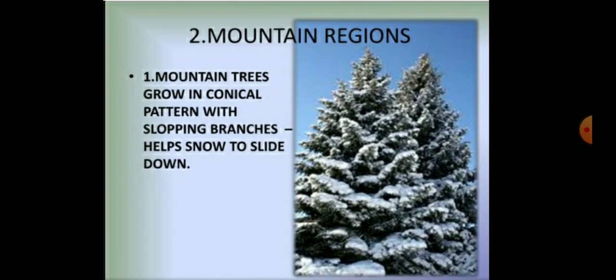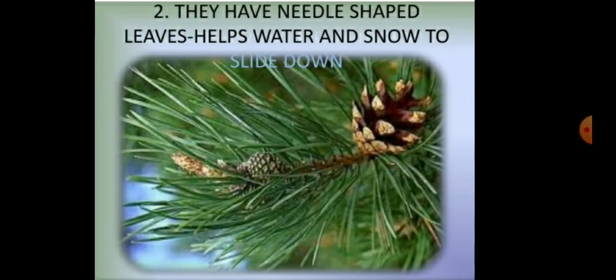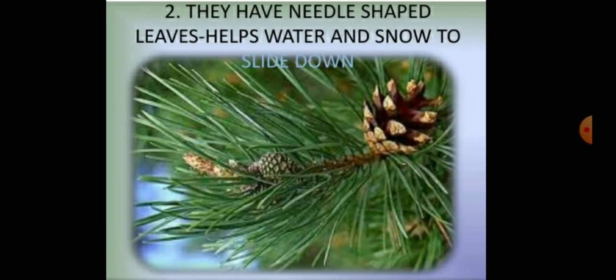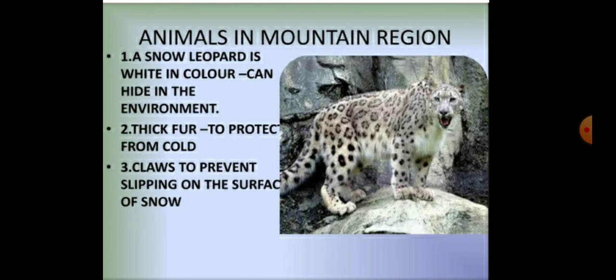Some adaptations of the mountain regions: the mountain trees grow in a conical pattern with sloping branches that help the snow to slide down easily, and they have needle shaped leaves that help the water and the snow to slide down. The animals found in the mountain regions, like the snow leopard, are white in color.